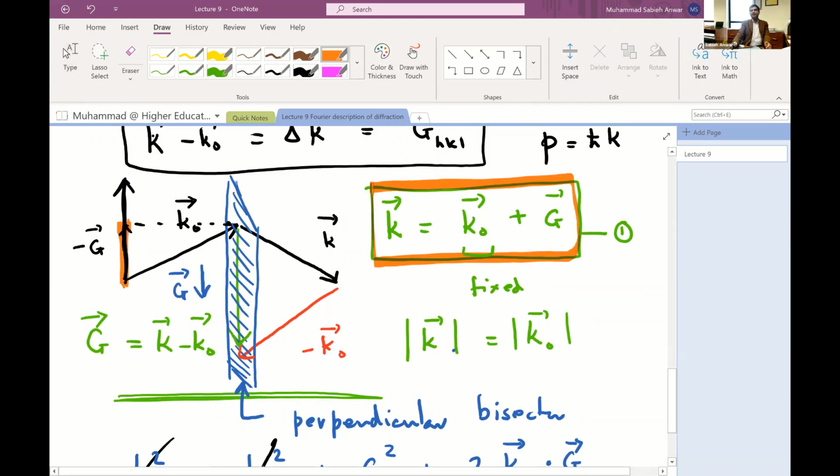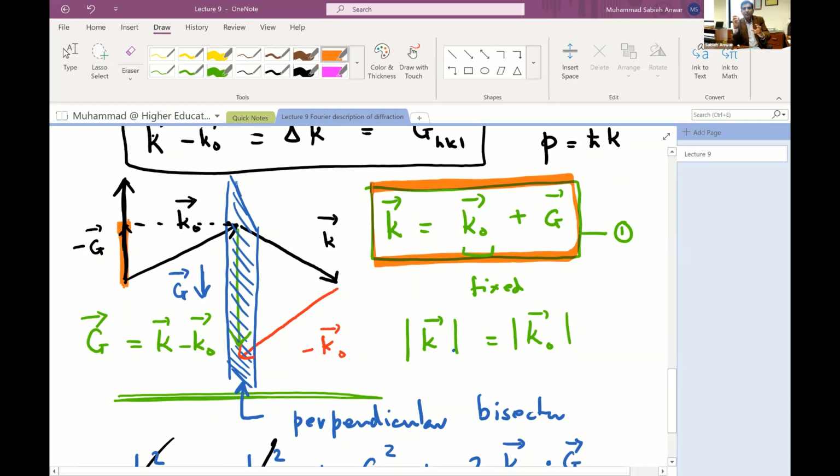Now, if you look at equation number 1, the beauty of physics is that it takes a mathematical formula and goes deeper and deeper into it and reveals some other aspect or some other interpretation of a mathematical formula. Now, a nice physical interpretation of Bragg's formula is the following. If I have a particle of momentum K naught, forget about X-rays, forget about anything else.